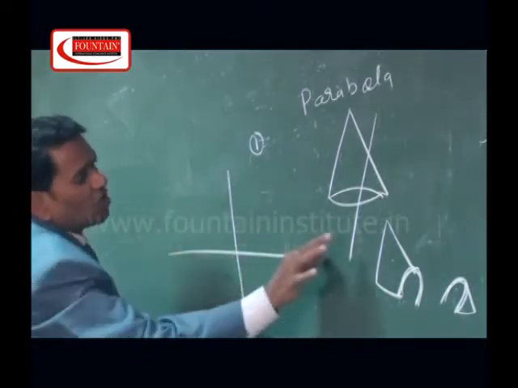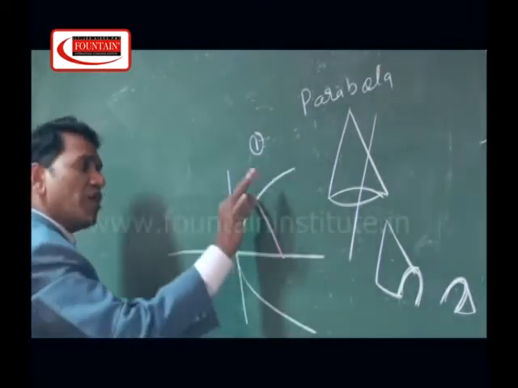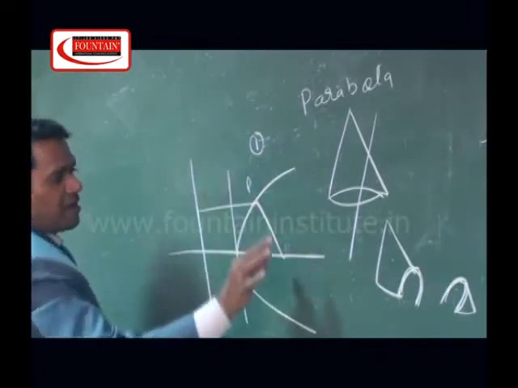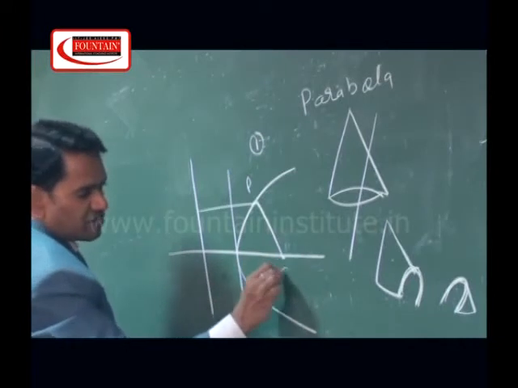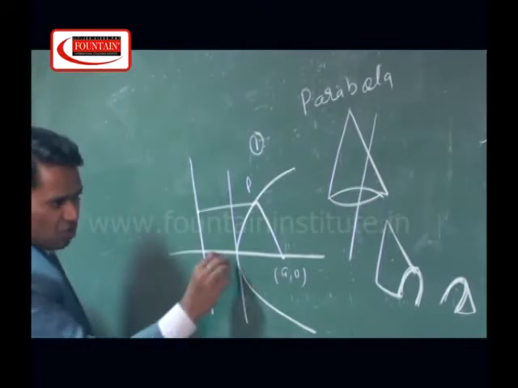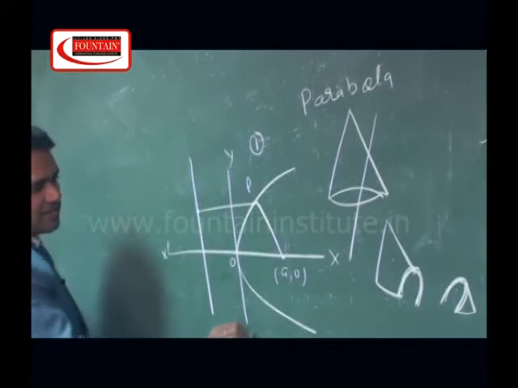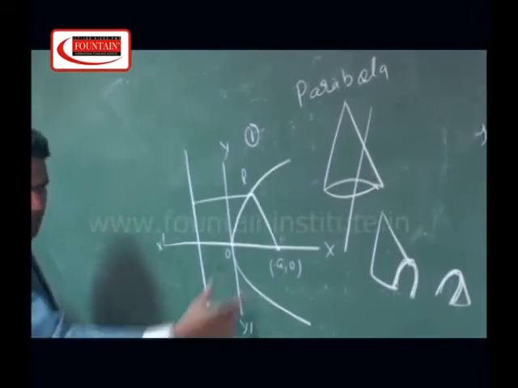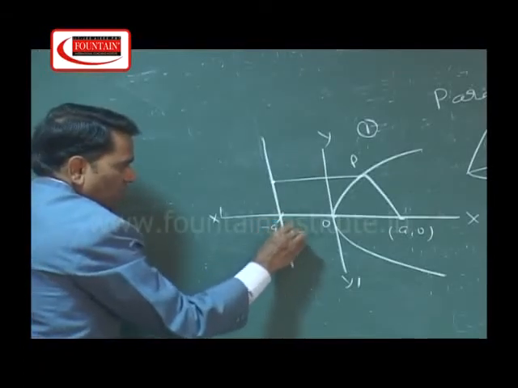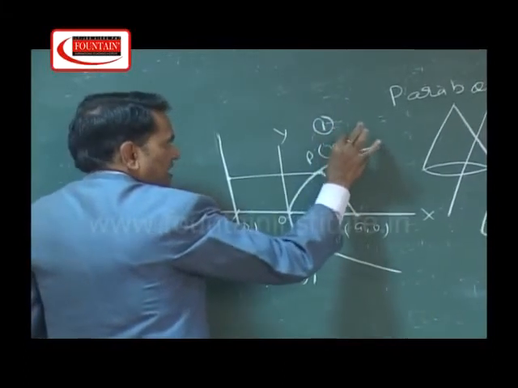Parabola is the locus of the points which are equidistant from a fixed point and from a fixed line. Suppose this is a point P and this is the focus with coordinates (a, 0), and suppose the directrix equation is x = -a. If this is the origin, coordinate (0, 0), and this distance is positive a, then definitely this point is (-a, 0). Let the coordinate of P be (x, y).